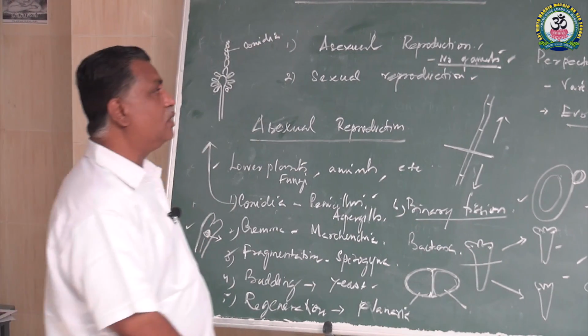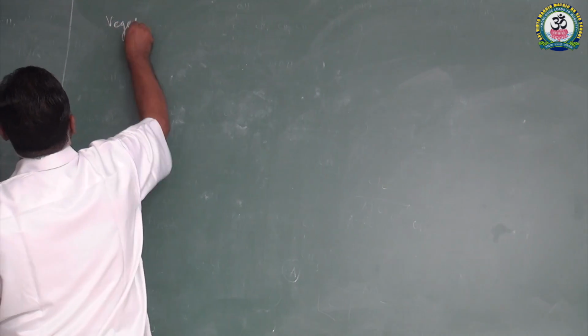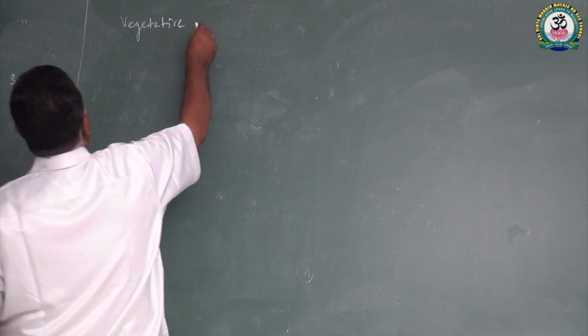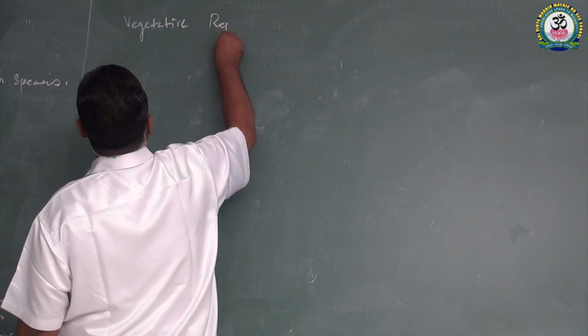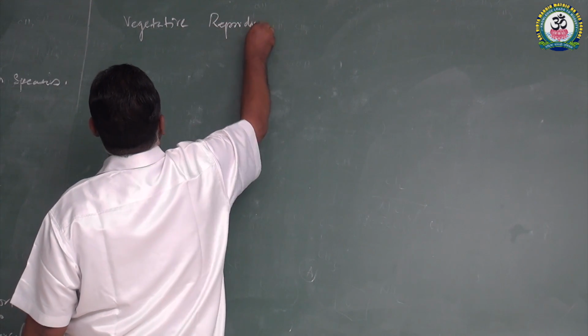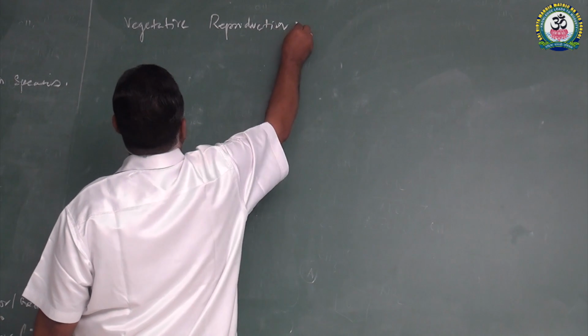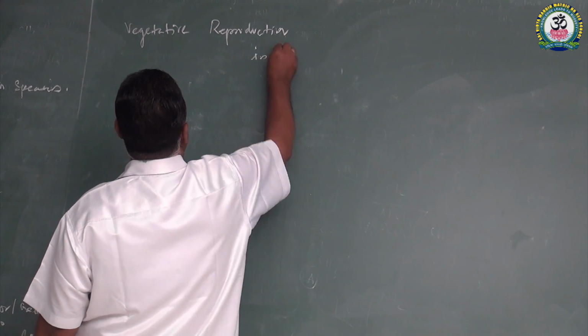What happens in higher organisms? Vegetative reproduction in higher plants.